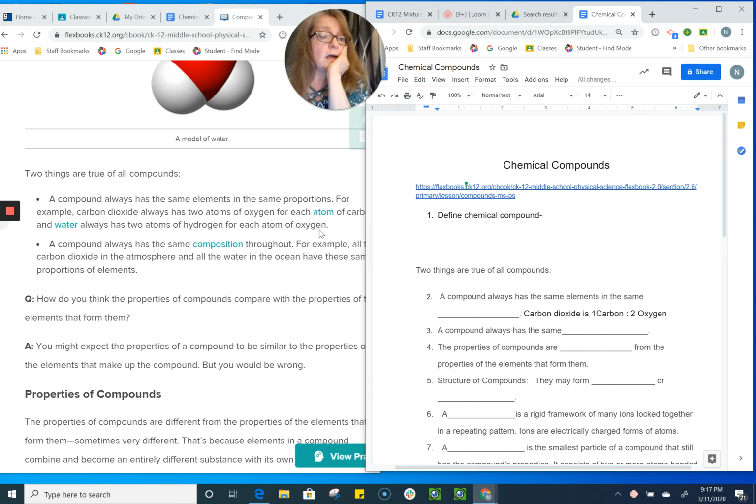Another thing is that a compound always has the same composition throughout. So a compound always has the same composition. H2O, if you have a bottle of pure H2O, it's the same thing all the way through.